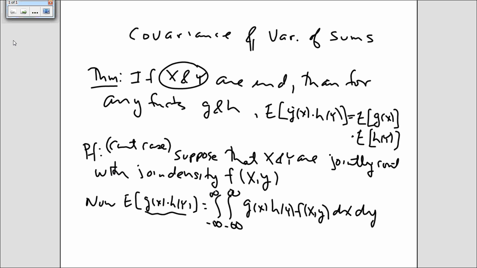But X and Y are independent, so this function is nothing more than f of x times f of y.